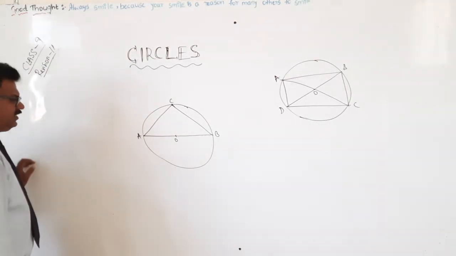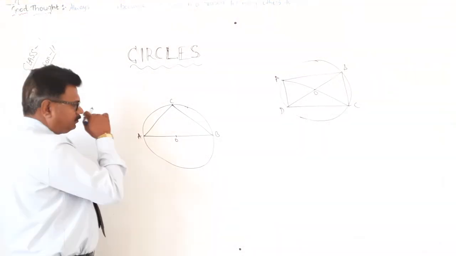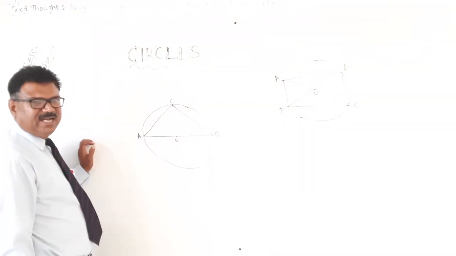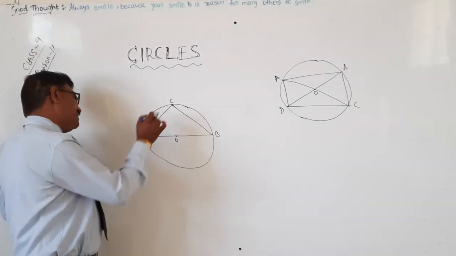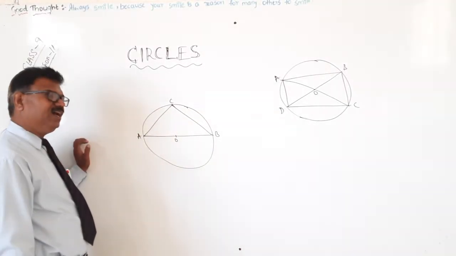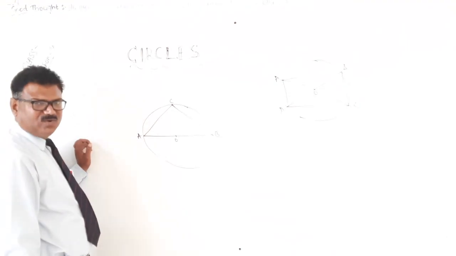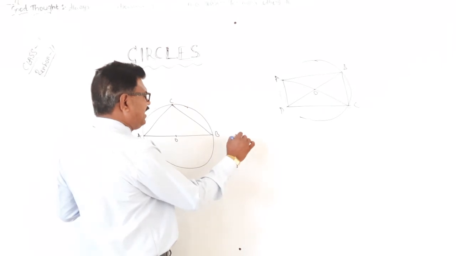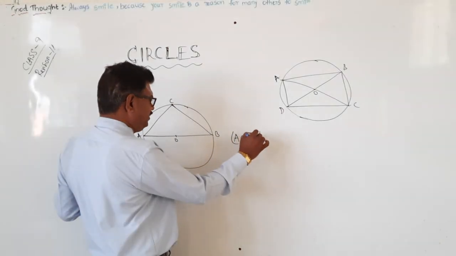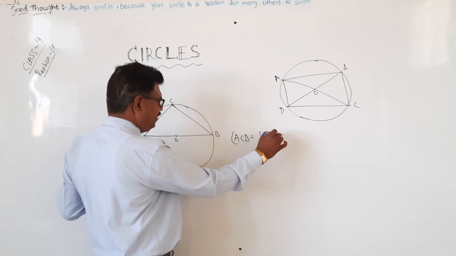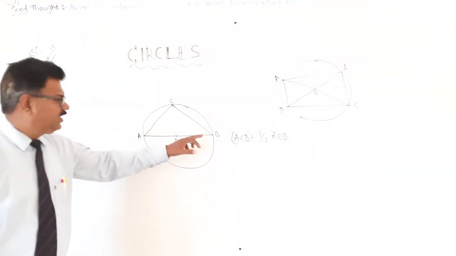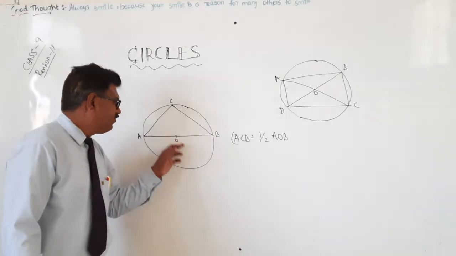Now we know that the angle subtended by a chord at the center is twice the angle subtended on the other part of the circle. Otherwise you can write it as angle ACB is equal to half of angle AOB.